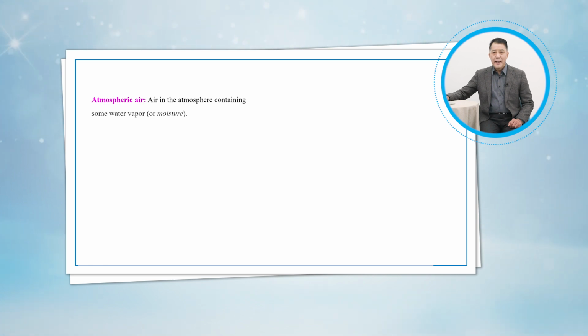Air in the atmosphere normally contains some water vapor and is referred to as atmospheric air. By contrast, air that contains no water vapor is called dry air.